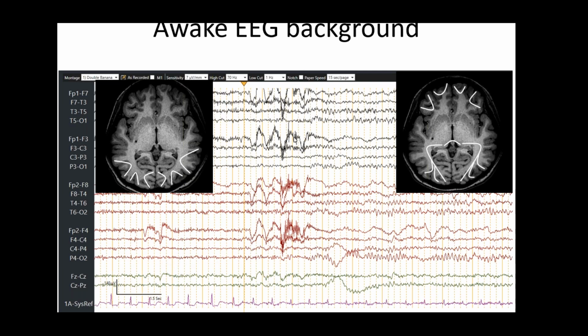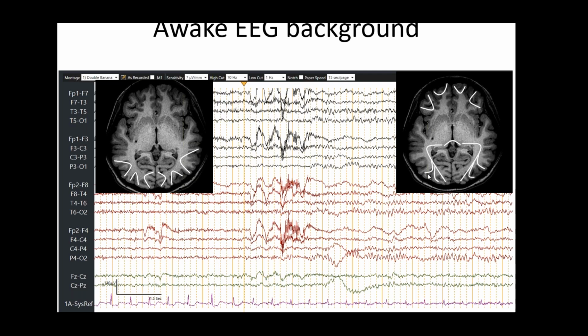Now, if we close our eyes, and that happened in the second part of the EEG, what happens anteriorly, we still can have the low voltage activity, but posteriorly, this cortex becomes inactivated because there is no light, there is no visual input.